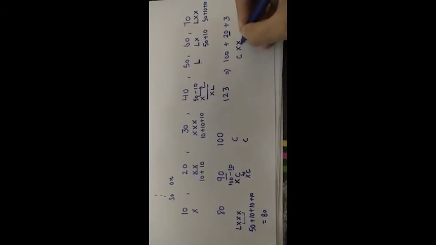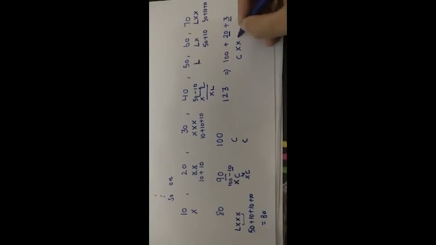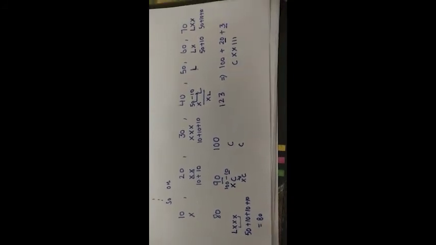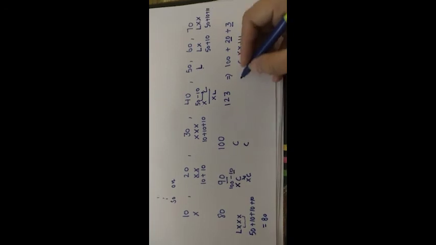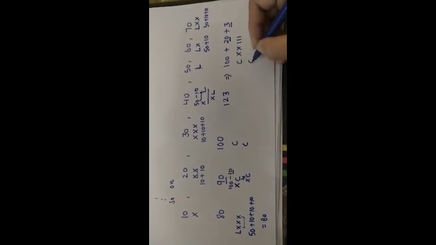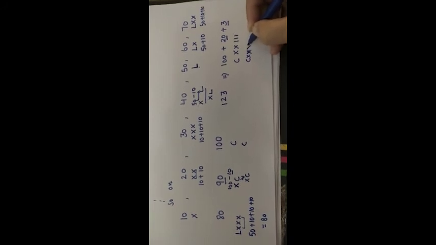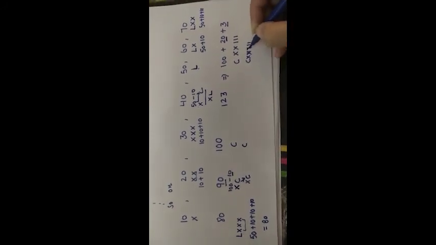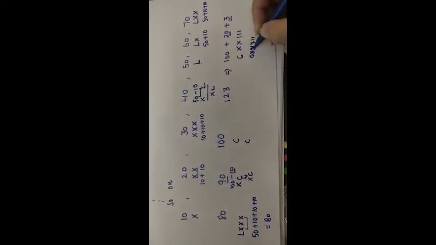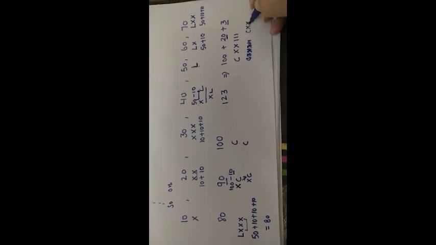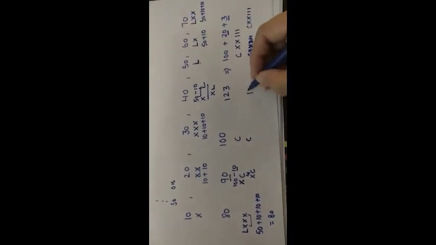That is X X, and how to write 3? That is I I I. So the number 123 would become CXXIII.